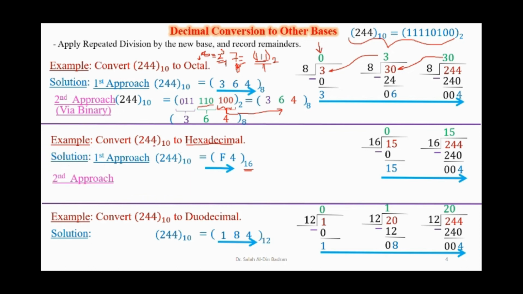Hexadecimal number. How do we convert this to hexadecimal? Via binary number. The same result here, we will use it, but we will separate not by 3, but by 4.